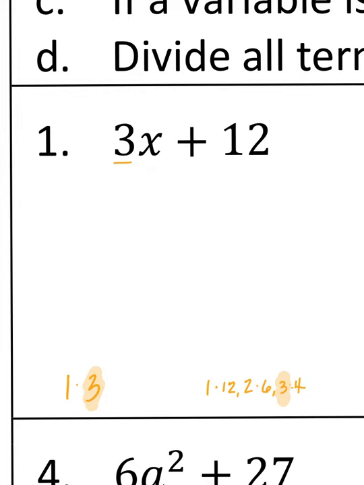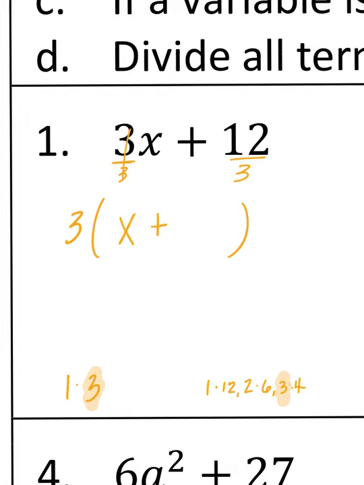So we're going to take a 3 out of each of these terms, and we're going to do that by dividing each term by 3. We're going to put the 3 over here, and everything else is going to go in the parentheses. When we divide 3x by 3, it cancels out and we just have x left.